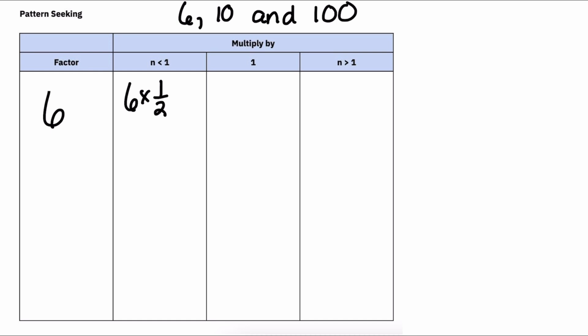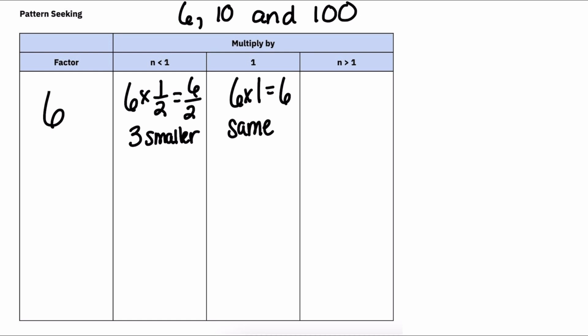So what do we think? We know when we multiply this, we're going to get 6 over 2, which is equal to 3. So it is smaller. So when I multiply by a fraction, in this first try, it got smaller. What happens when I multiply 6 times just the number 1? We know that we're going to get the same number, 6. It doesn't change.